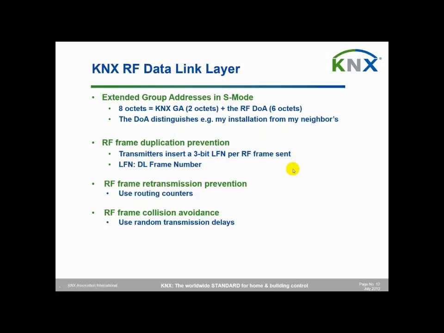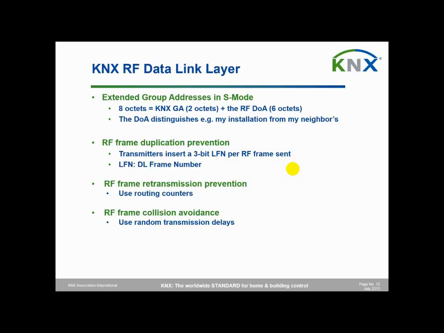Then the data link layer. So I can say that at runtime, the KNX RF devices will use extended group addresses in S mode. So that means that there will be a total of 8 octets used, where 2 of the octets are the classic or the conventional KNX group address.